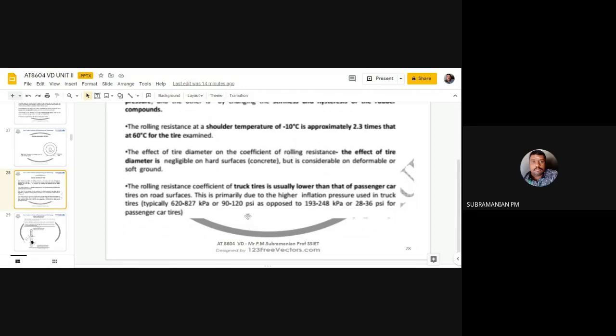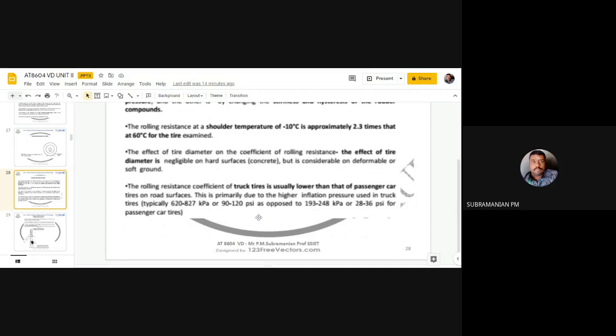Then we are going to compare the truck tire and passenger car tires. You can see the truck tire rolling resistance coefficient will be lower than that of a passenger car. You may think that since the truck tire size is larger, the rolling resistance will be more, but actually the rolling resistance coefficient of a truck tire is lower than that of a passenger car tire on road surface. Why?